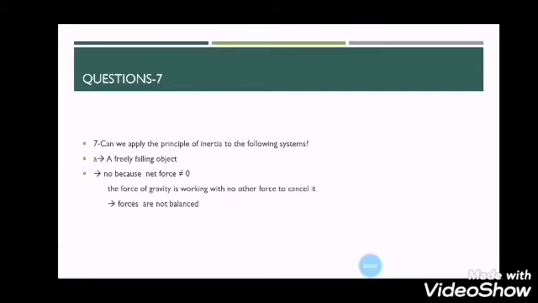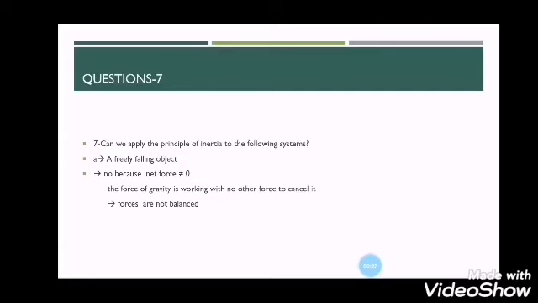Okay. Can you apply the principle of inertia to the following systems? A. A freely falling object. First, no, because the net force is not equal to 0. This object is falling freely with no starting velocity, but gravity is pulling it down.